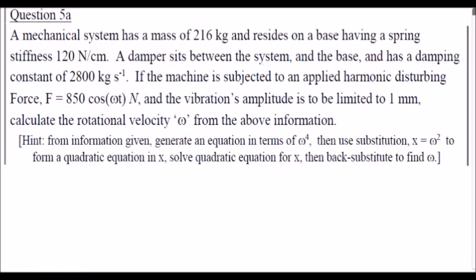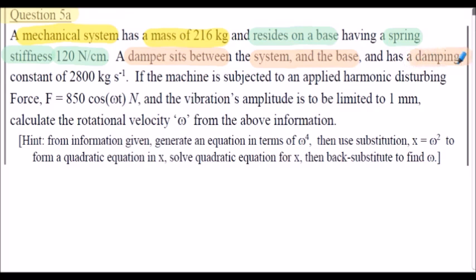In question 5a, a mechanical system has a main mass of 216 kilograms, resides on a base having a spring stiffness of 120 newtons per centimeter. A damper sits between the system and the base and has a damping constant of 2,800 kilograms per second.